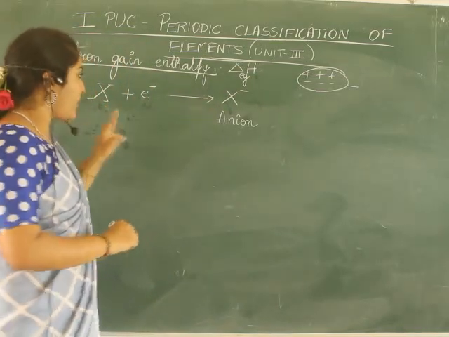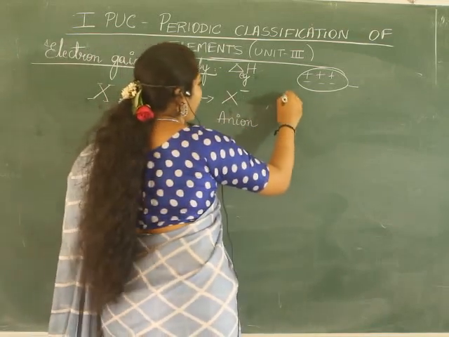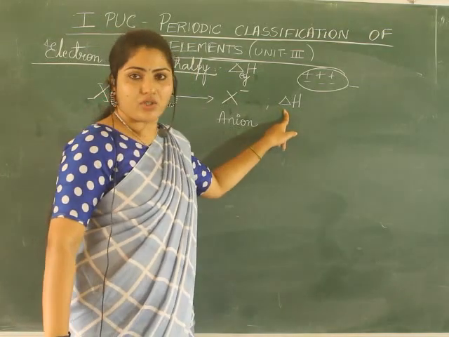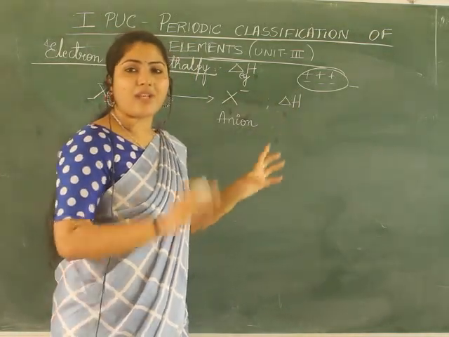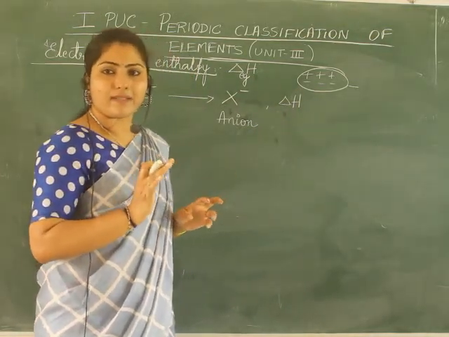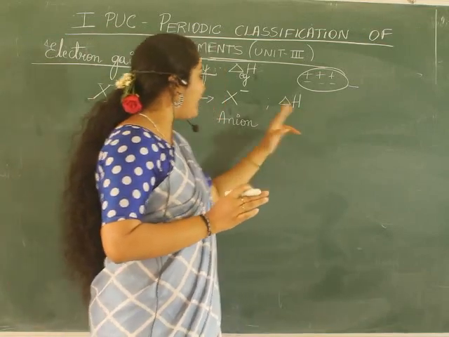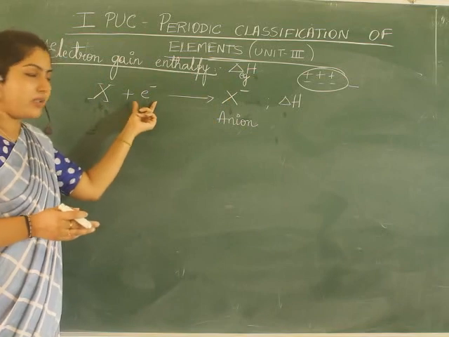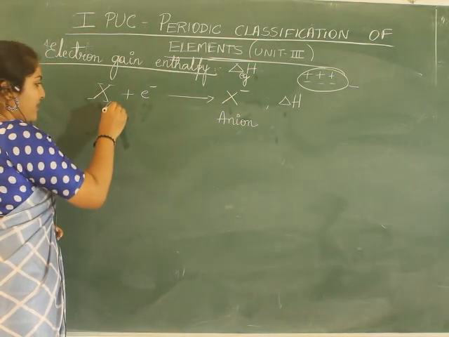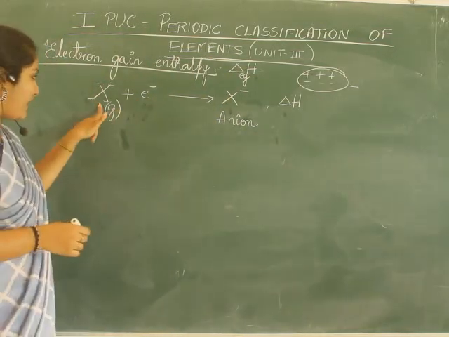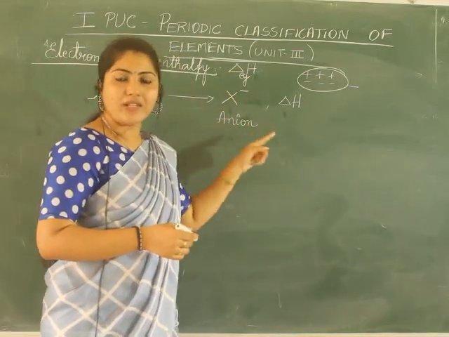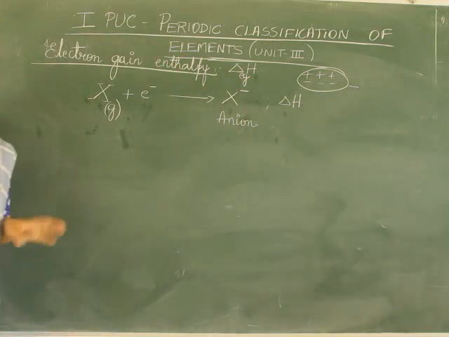So during this process, there is some enthalpy change taking place. Delta means change. H means enthalpy, change in enthalpy that takes place. So that change in enthalpy when an electron is added to a gaseous neutral atom to form an anion is called electron gain enthalpy.